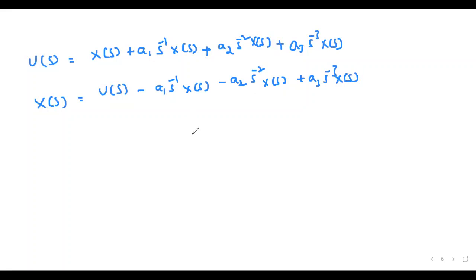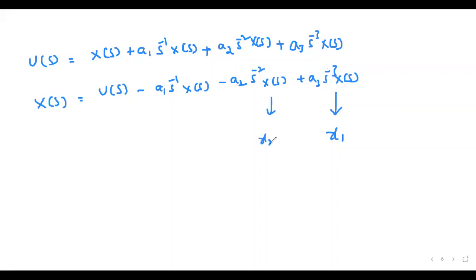Okay, here now I need to assume what the state variables are. Here I will take this as the x1 state variable, and its derivative d by dt will give s into this, that will give s^-2.